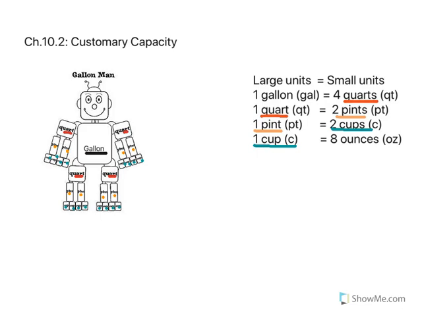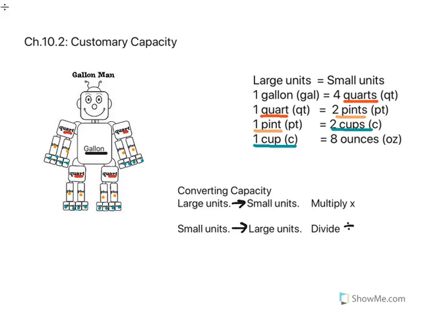Our gallon person can also show us the different ways that we can get our conversions. When we're converting capacity, remember that going from larger units to smaller units, we're multiplying. When you have the smaller units and you're changing them to a larger unit, you divide.